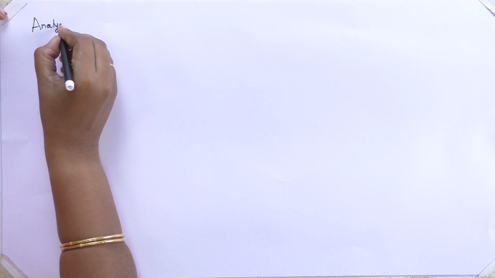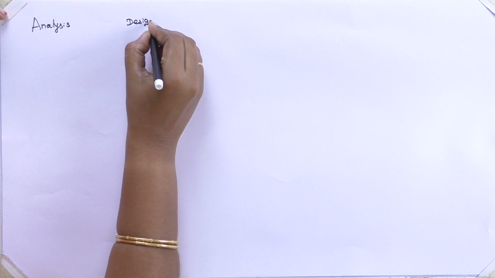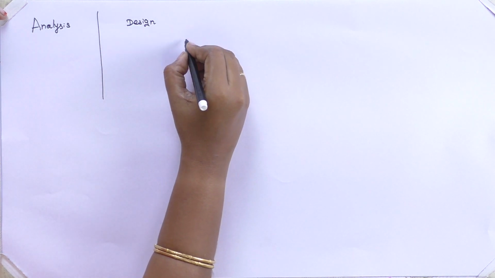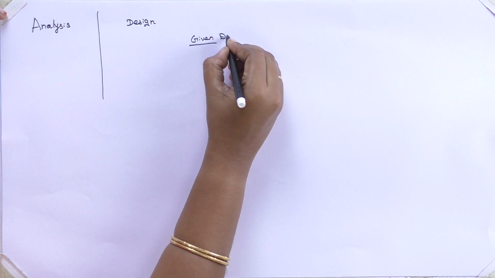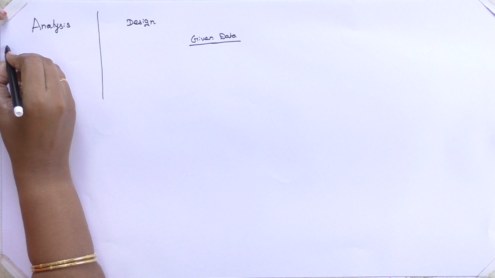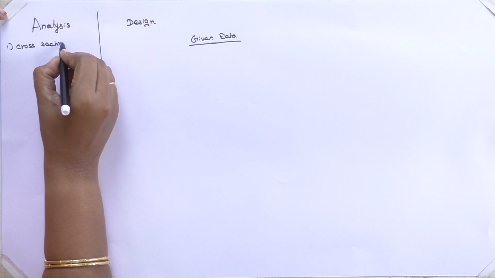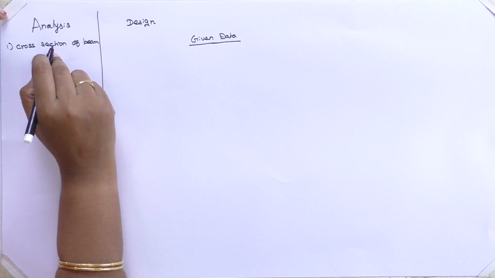Okay, let us see analysis and design. What will be the given data for the analysis problem? First one, cross section. It is our input data.